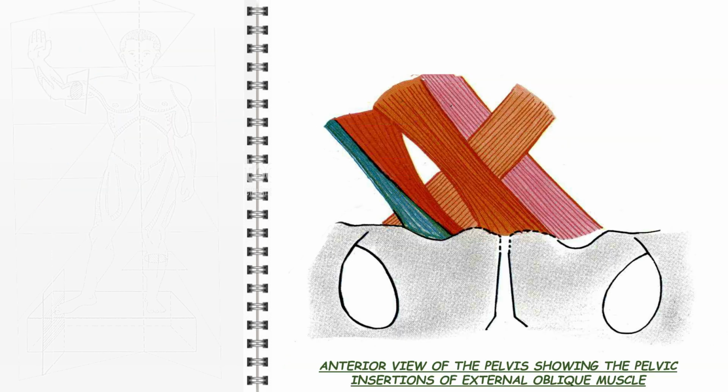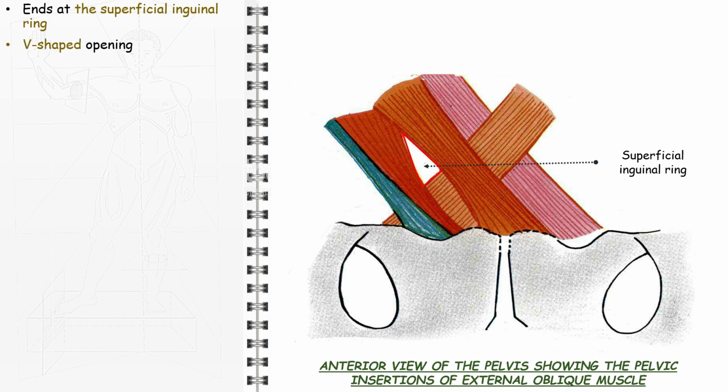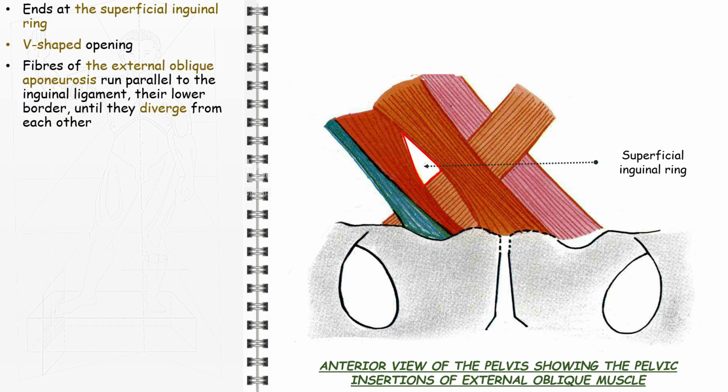The inguinal canal ends at the superficial inguinal ring. It is a V-shaped opening formed by the fibers of the external oblique aponeurosis running parallel to the inguinal ligament, their lower border, until they diverge from each other. The lateral crus is attached to the pubic tubercle and the medial crus attaches to the pubic crest near the pubic symphysis.